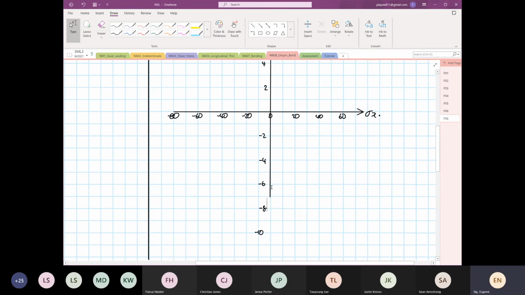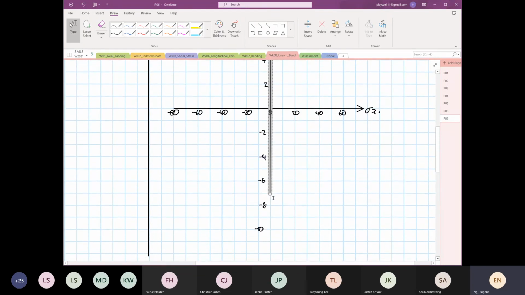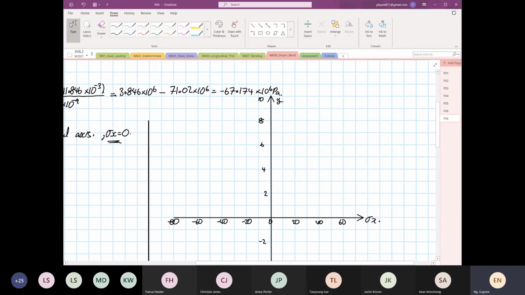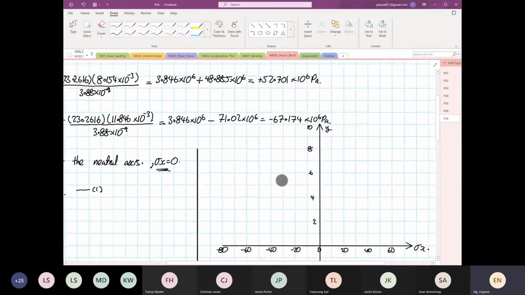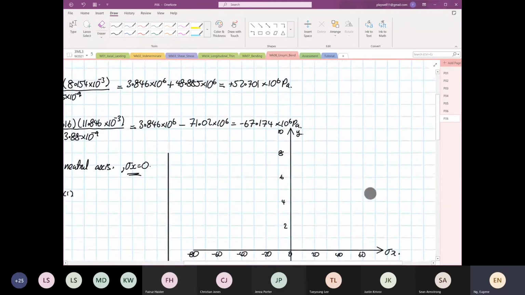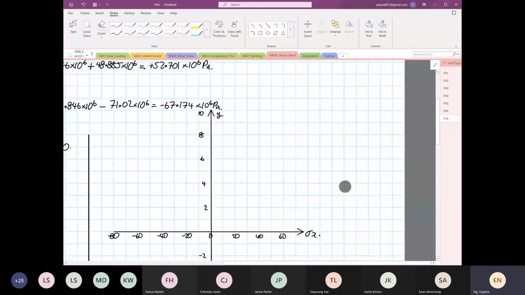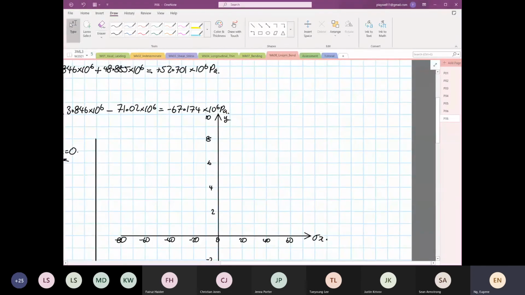You can plot this on Excel and it will give you the y-intercept. So we know that at 8.154, our stress is 52.709.